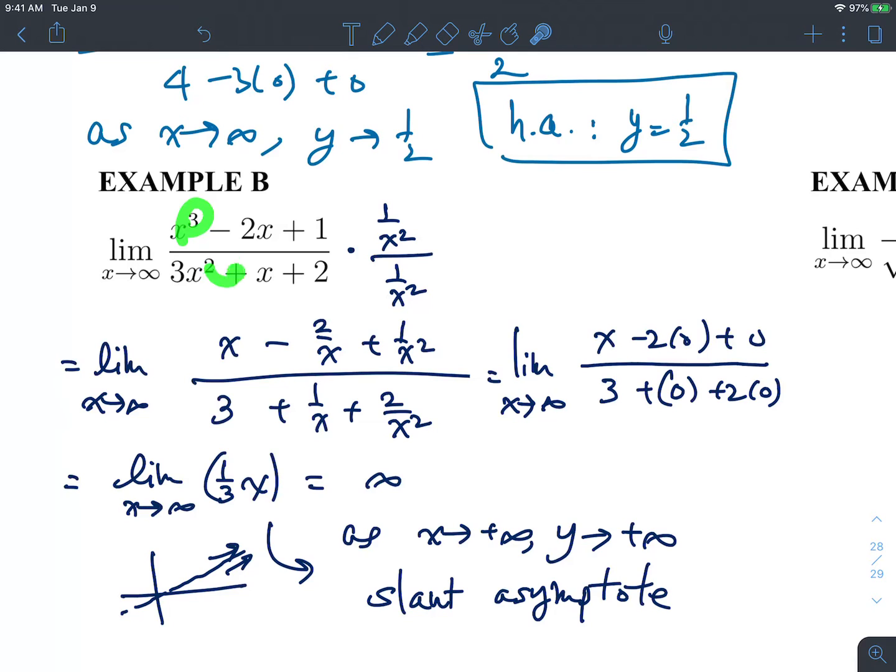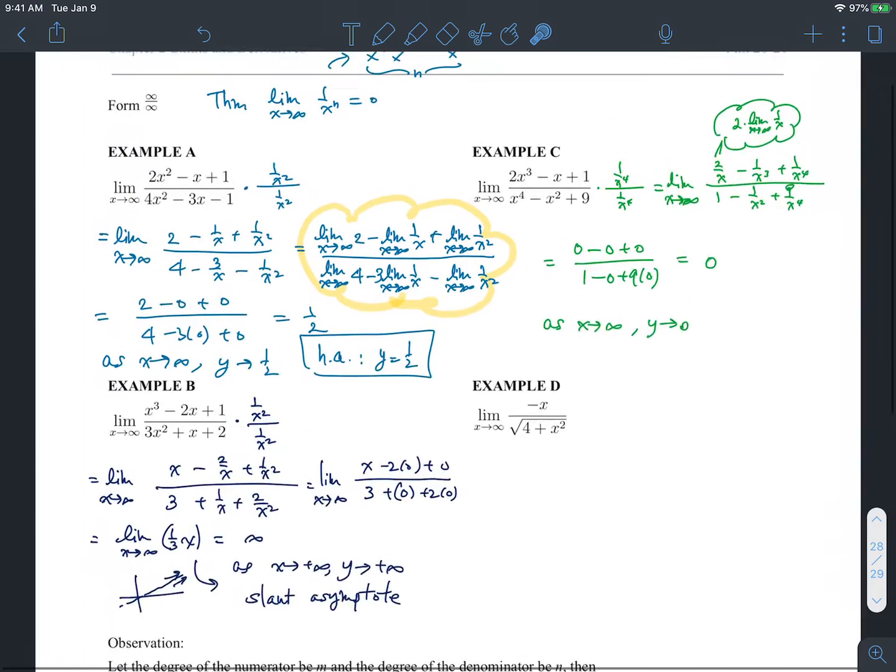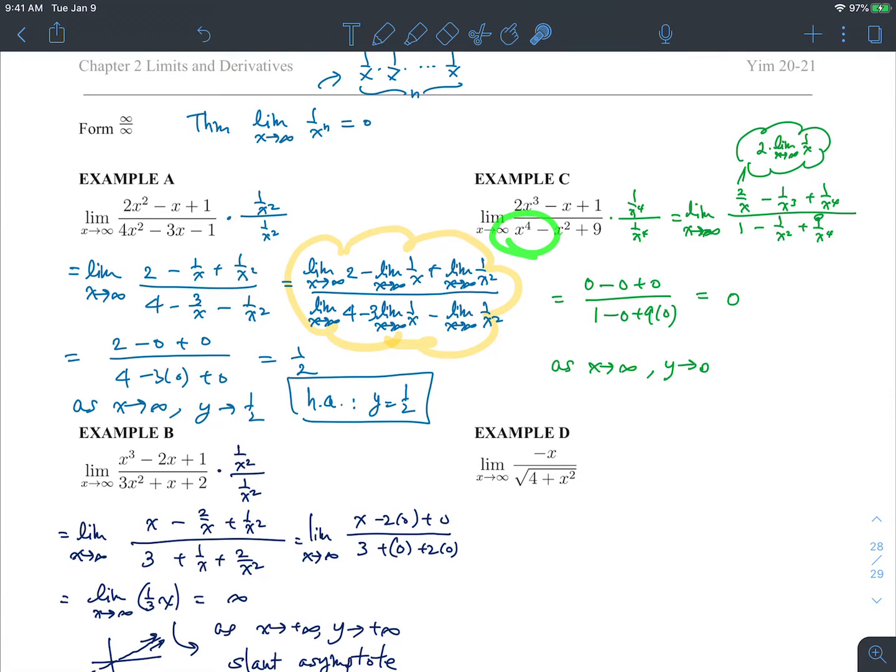If the difference was 3, let's say this is, I don't know, 5, this would have been a cubic asymptote, and so on and so forth. Anyways, if the denominator is bigger than the numerator, it always becomes 0. If these two are the same degree, it's the ratio of these two.